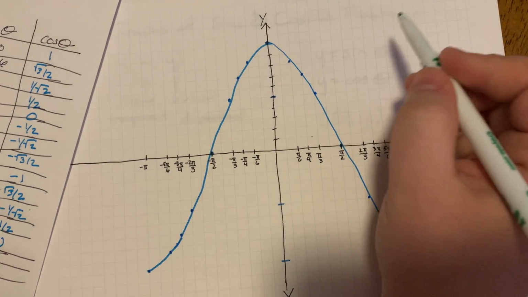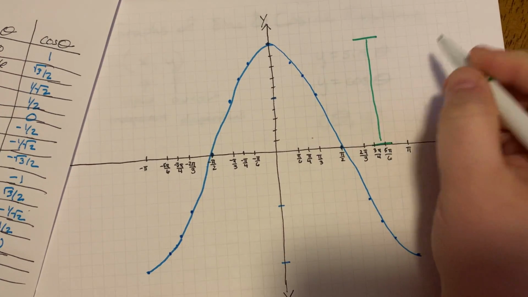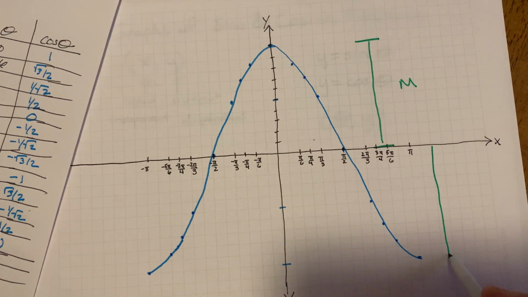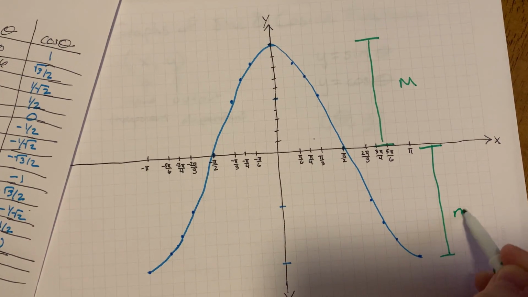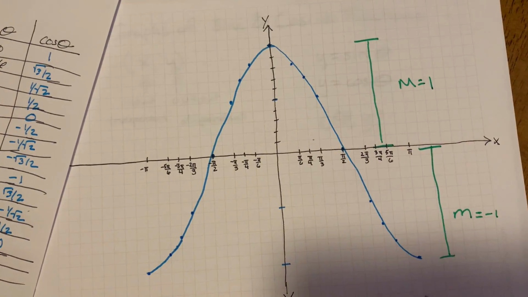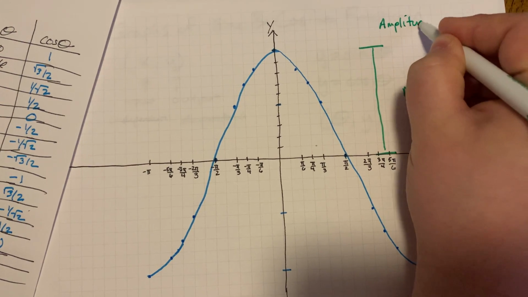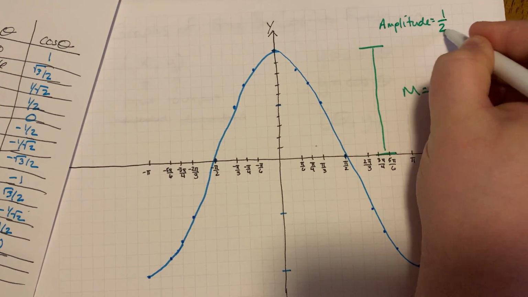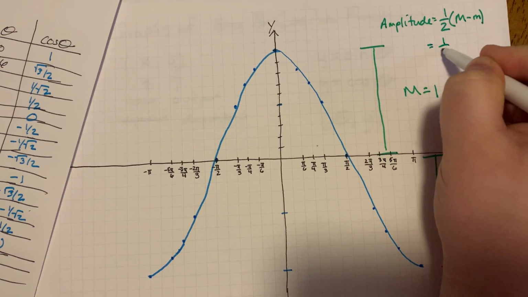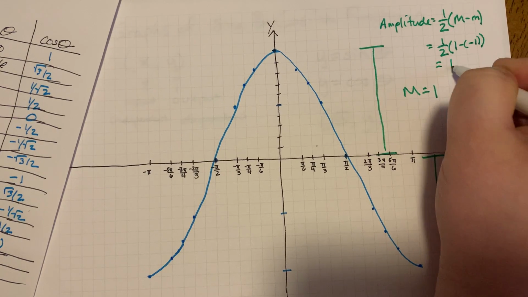And just to go over all of our features again, this height is our capital M, this height is our little m, negative 1 and 1. So amplitude is 1/2 of M minus m, 1/2 of 1 minus negative 1, which is 1.